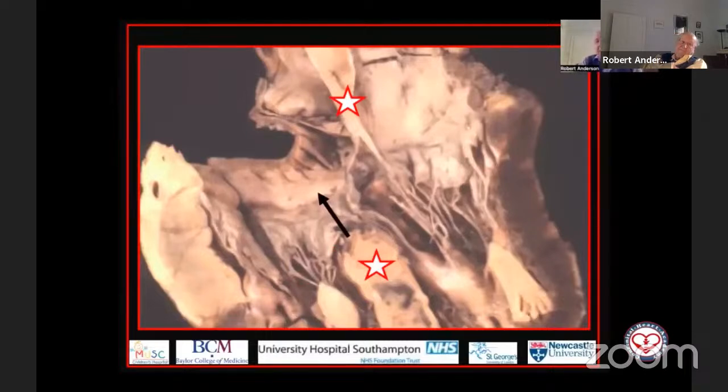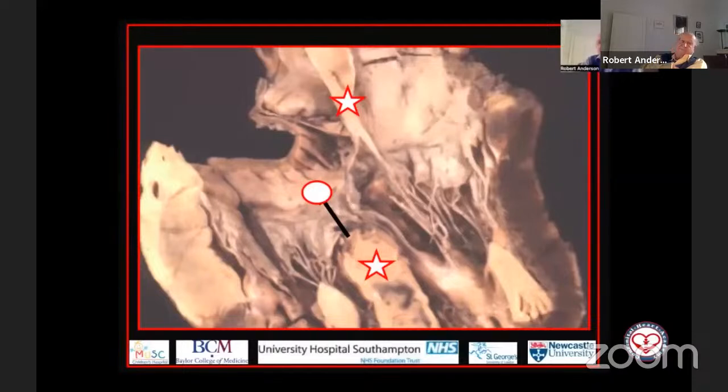Because in this setting, by virtue of the malalignment, the atrioventricular node is no longer at the apex of the triangle of Koch. The conduction axis is postero-inferiorly located, but the node is formed at the point where the muscular septum comes up inferiorly and joins the atrioventricular junction.